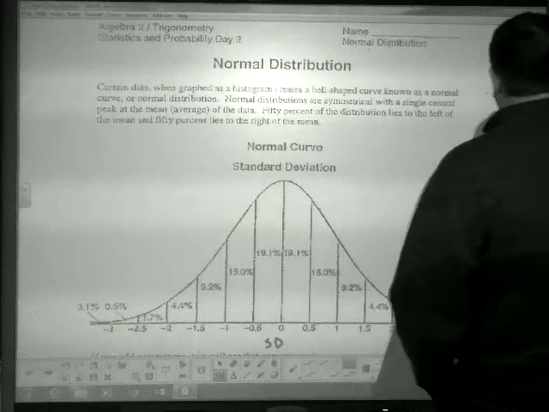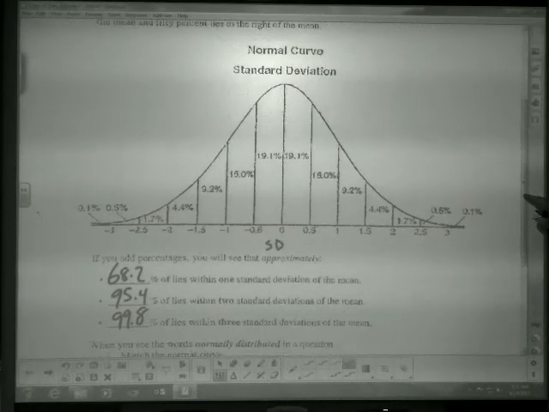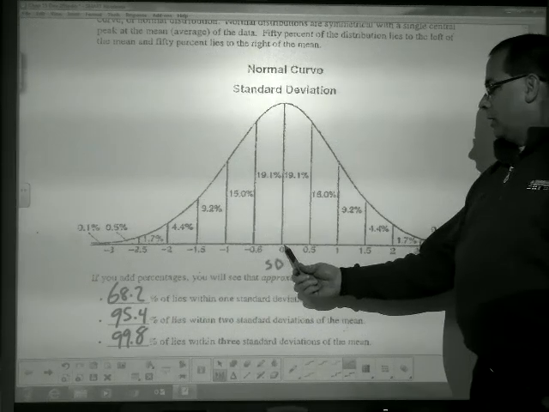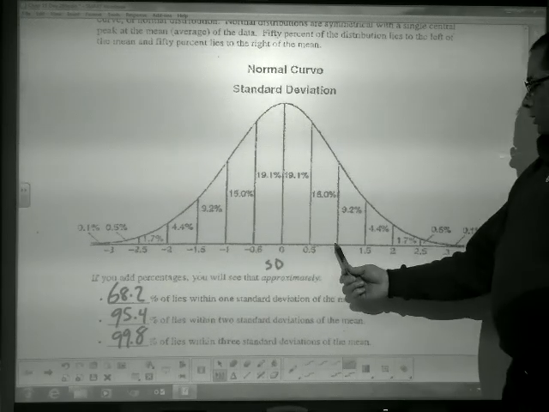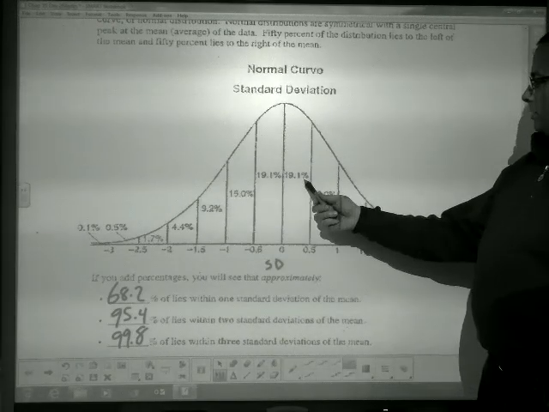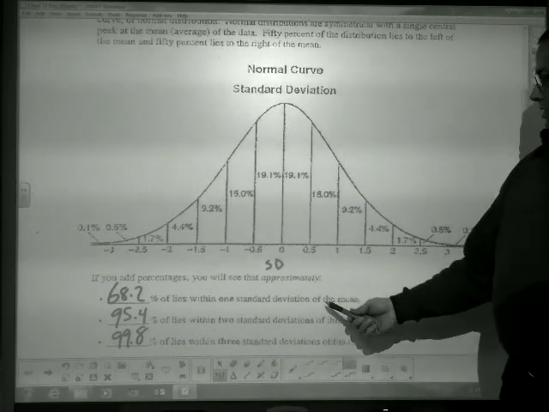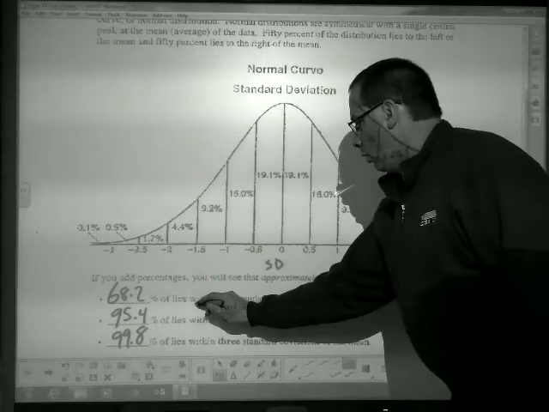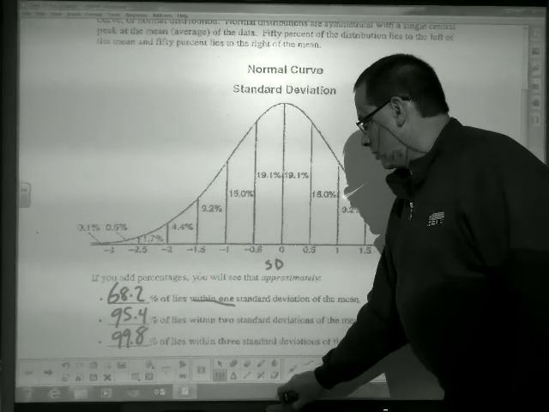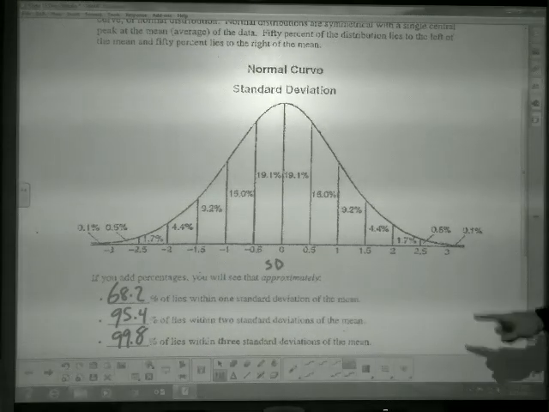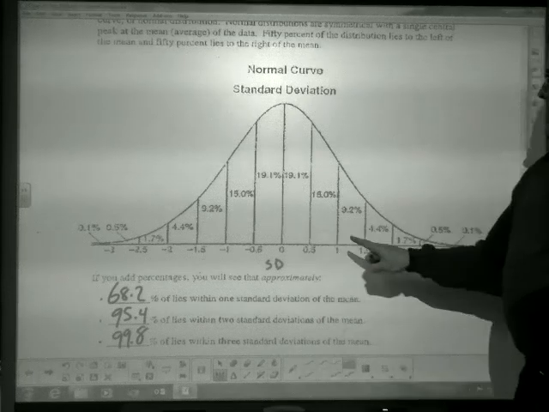Okay? So if you add the percentages up, you'll see that approximately, if I go down 1 to up 1 and add it up 15, 19.1, 19.1, and 15, you'll see that's about 68.2% is within 1 standard deviation. Okay? Within 1. If I keep going, you may say, well, what are these halves?